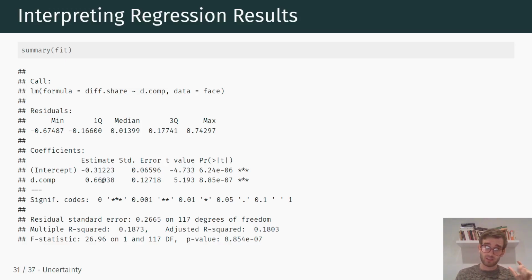So that's a 66 percentage point increase if we go from the theoretical minimum of the competence rating to the theoretical maximum of the competence rating. So that in and of itself is a huge effect on the vote margin. Okay.